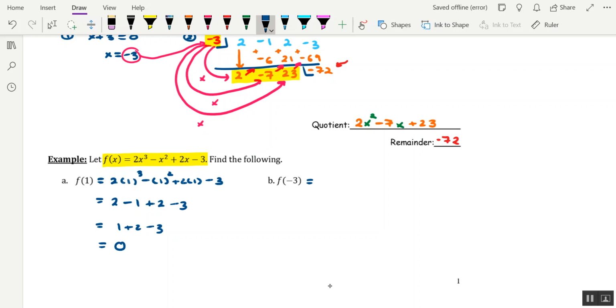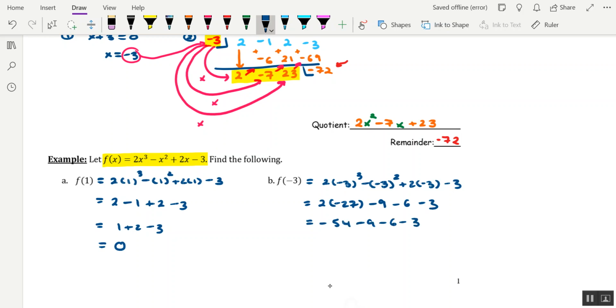If we plug negative 3 into the function, it's going to be 2 times negative 27 minus 9 minus 6 minus 3. That's negative 54 minus 9 minus 6 minus 3. And this all combines to give us negative 72.